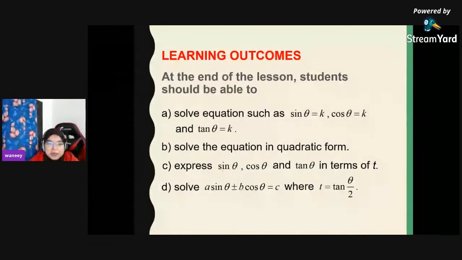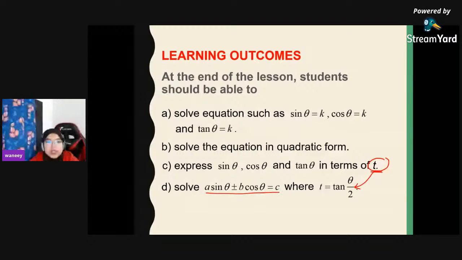And then C, express sine theta, cos theta, and tangent theta in terms of t, and then solve A sine theta plus minus B cos theta equal to C, where t is equal to tangent theta over 2. So we're going to change everything in terms of t first, and then solve to find out the value of t before we substitute back.